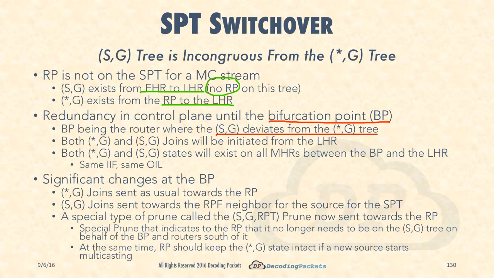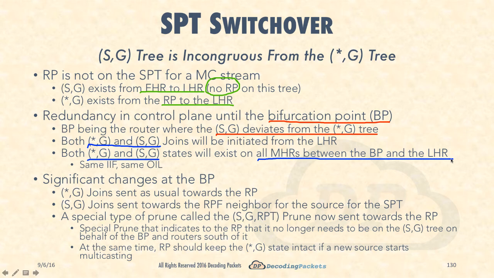The LHR is unaware of this. It's simply joining both of those trees. So from the LHR, you would see that both *,G and S,G joins are initiated. Both *,G and S,G states will exist on all of the MHRs between the bifurcation point and the LHR.